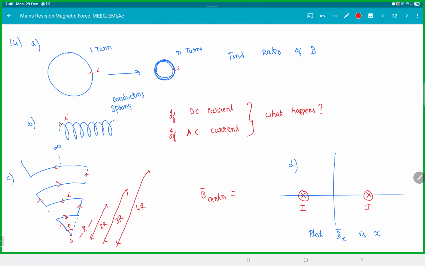So take J cap as positive minus J cap as negative for direction. The first one was a very common question.